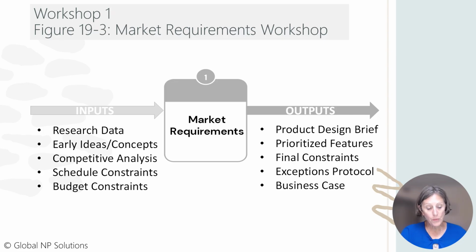Recall that the Lean New Product Development team members are the key audience for the workshop, limited to 6 to 10 participants. Managers who are not directly working on tasks to create the new product or its associated manufacturing process are not included in the workshop.